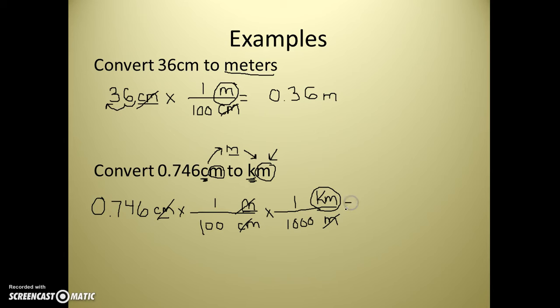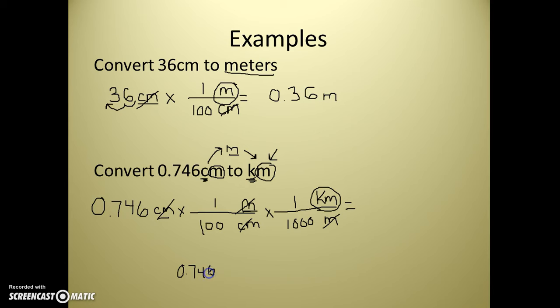So now we can do our math. If you have a 1, remember you can ignore it because 0.746 times 1 is the same as 0.746. If you have a value in the denominator, you're going to divide by that value. So we have 0.746.